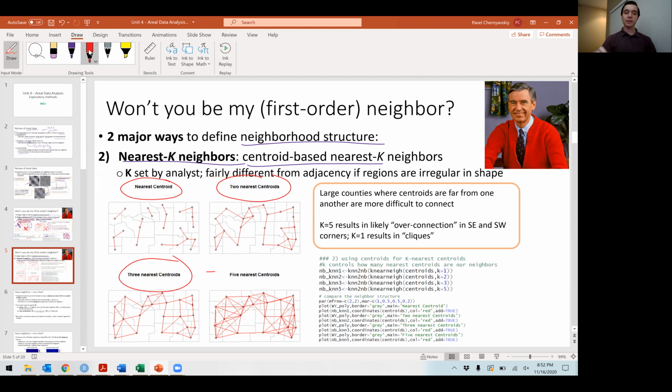So the nearest centroid is interesting because it forms little cliques based on the distance between the centroids. And a question should pop up in your head: why should we care about distance between centroids? Well, we have to put the point somewhere to represent the whole county. So we're looking at Sweetwater County and Carbon County.